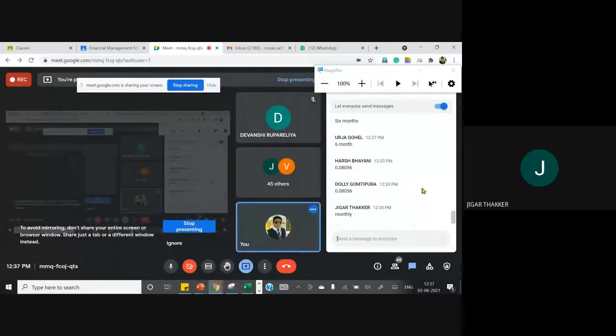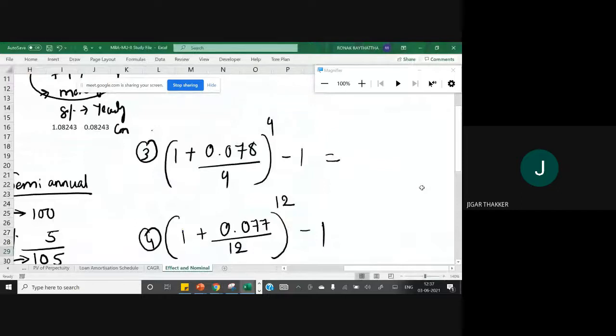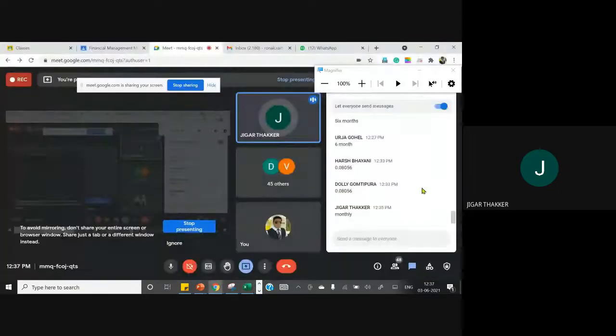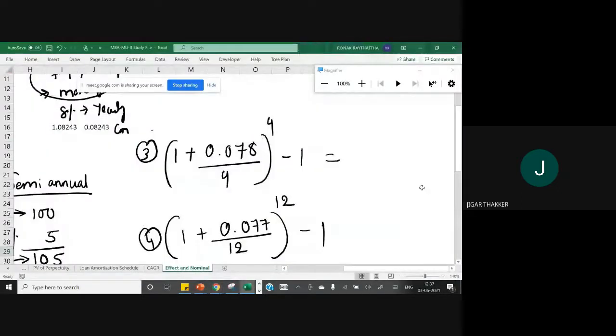Sir, monthly we get more return. How much? I don't know the exact. There is some mistake, but I think monthly is more return. Check it out. Find the exact percentage of the effective return on a monthly basis.